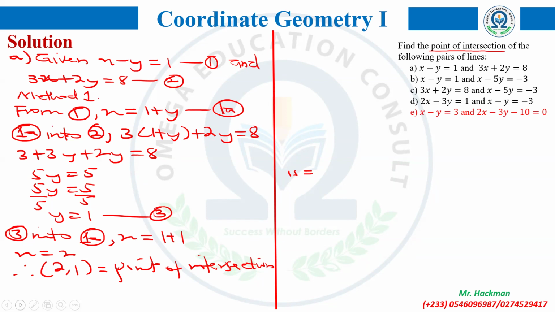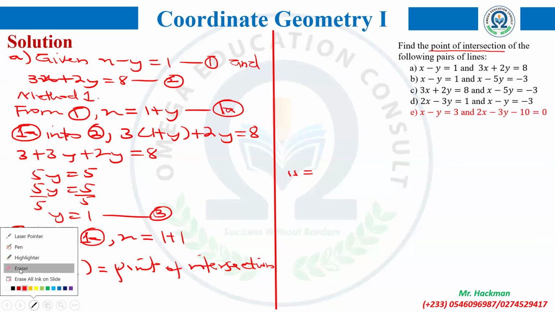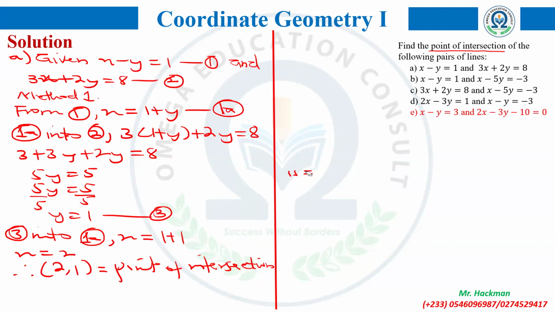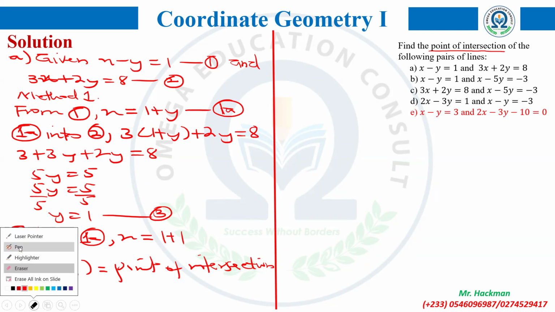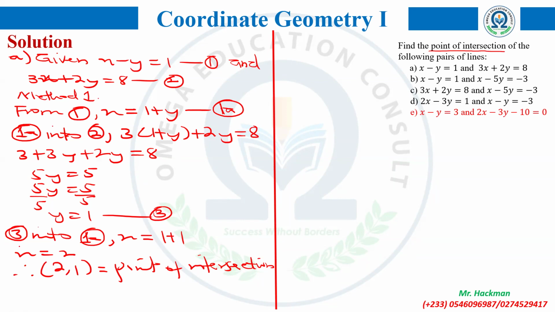So let's go and look at method 2 and see which one is comfortable for us to use, and we adapt. So quickly, method 2.